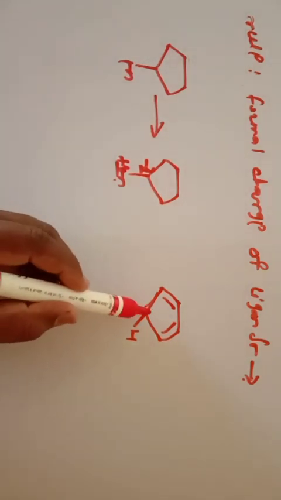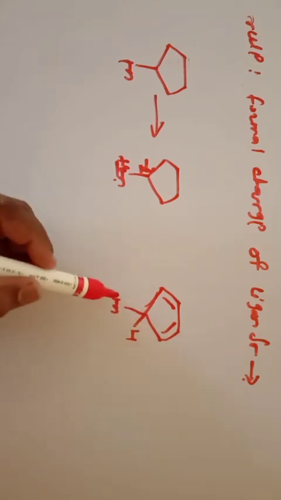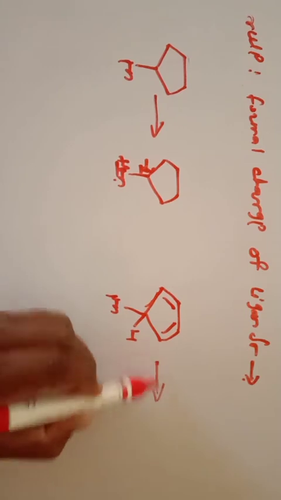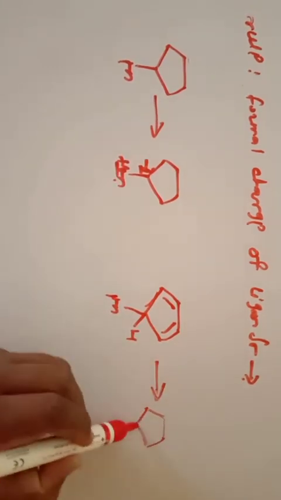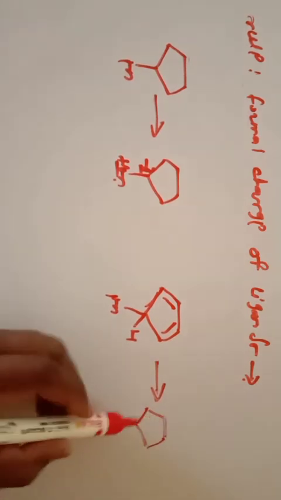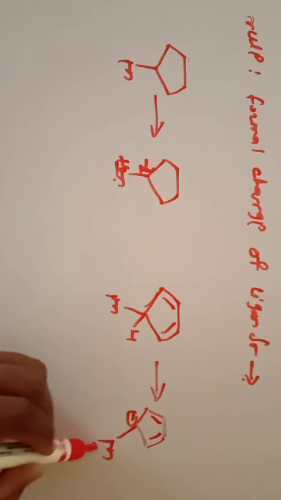There must be a negative charge to maintain the aromaticity. So in this case, we can write this as this negative charge, which is attached to the metal atom.